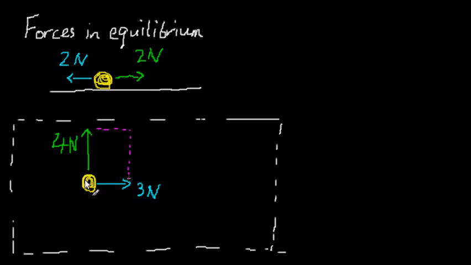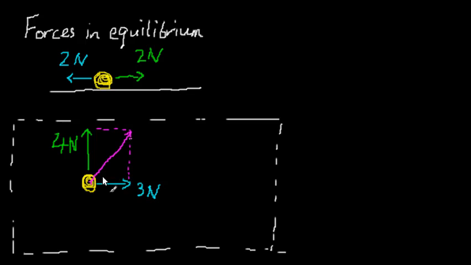In this case, since they're at right angles, the parallelogram is just a rectangle. And then draw a line joining the tails of the two vectors, where the two tails meet, to the opposite corner of this rectangle, and that's my resultant.